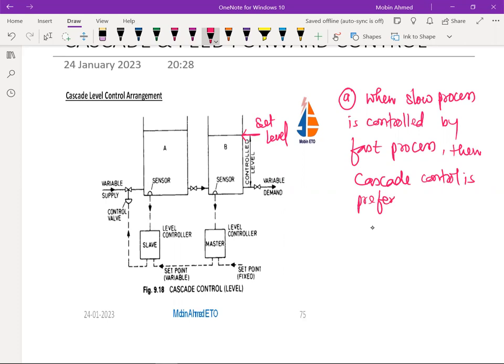Okay, it is preferred. So slow process means like level control or temperature control.